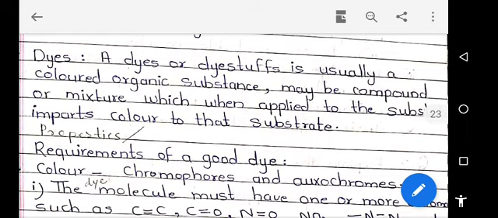Every drug has a structure, a molecular structure. Scientists firstly work on the molecular structure.